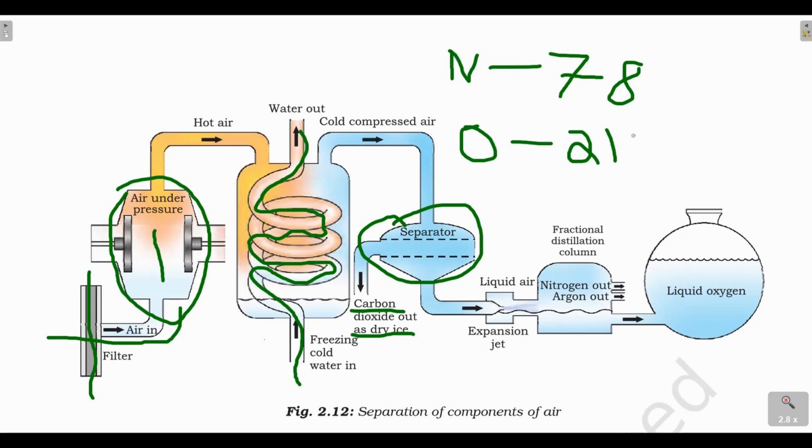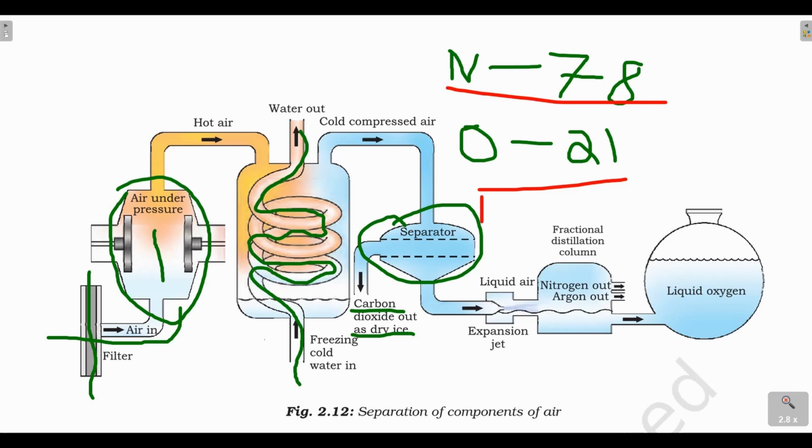Now the remaining major components are nitrogen and oxygen. These two components can be separated like this. This liquid air is mainly a mixture of nitrogen and oxygen.